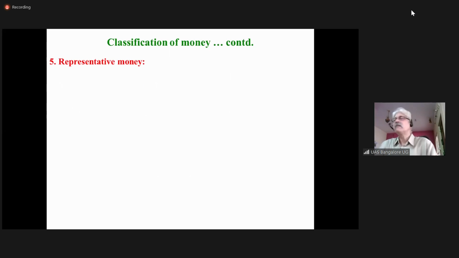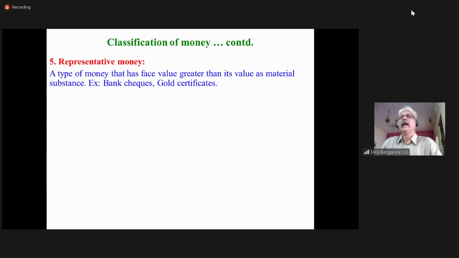Then representative money. It represents the actual money. Representative money is a type of money that has face value greater than its value as material substance. Bank checks, gold certificates. You have 10 lakh rupees worth of gold deposited with the government, and you have the certificate.